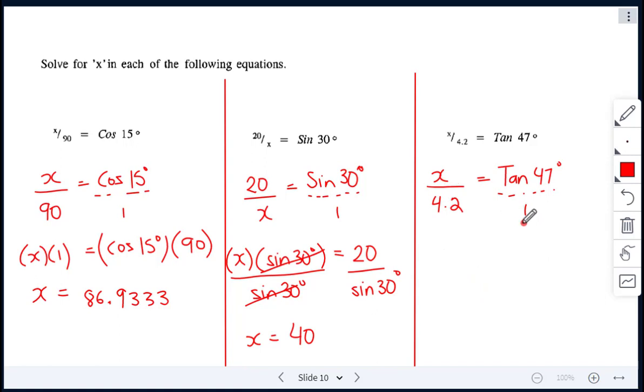All right, so x times 1, or just x, will be equal to 4.2 times tan of 47. All right, put that into the calculators. All right, so for this question then, we get x is equal to 4.5039.